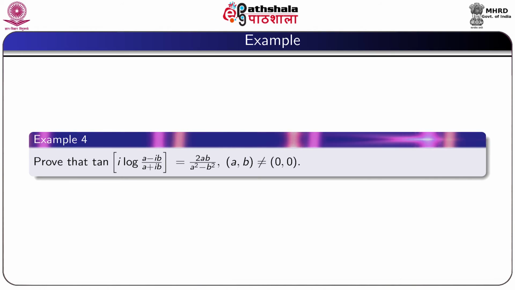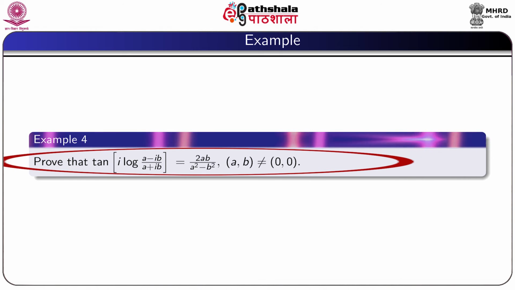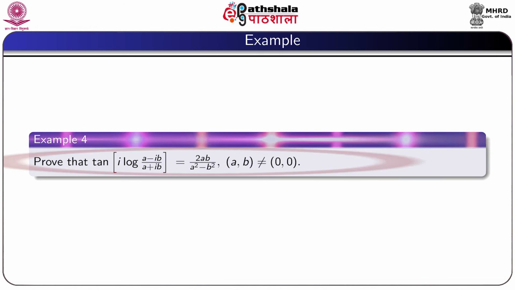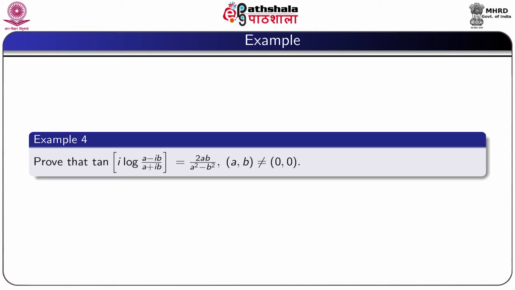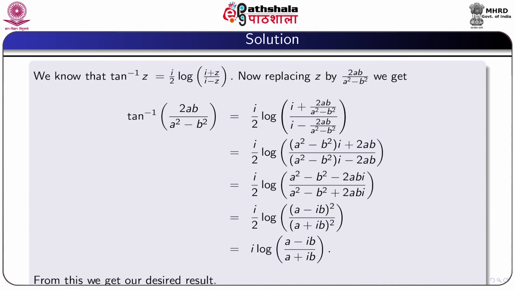So, next example, prove that tan[i log((a − ib)/(a + ib))] = 2ab/(a² − b²), where ab is not equal to 0. We know that tan inverse z = (i/2) log[(i + z)/(i − z)].